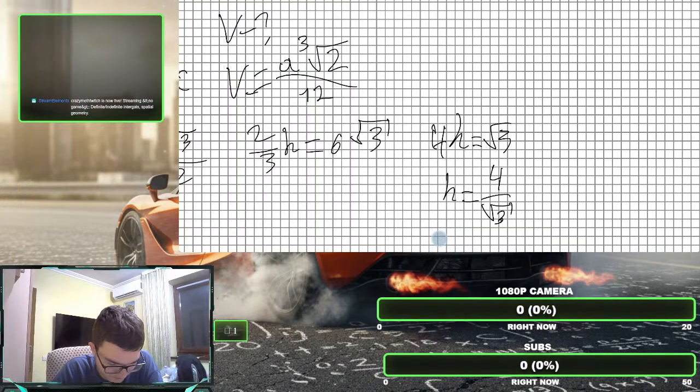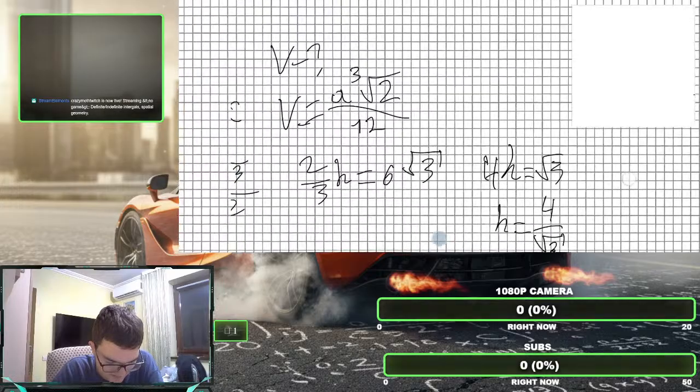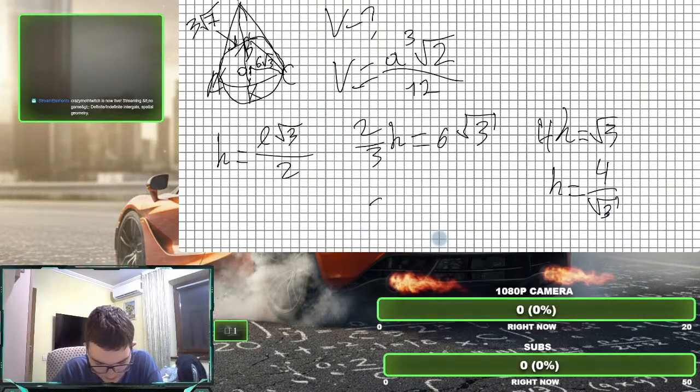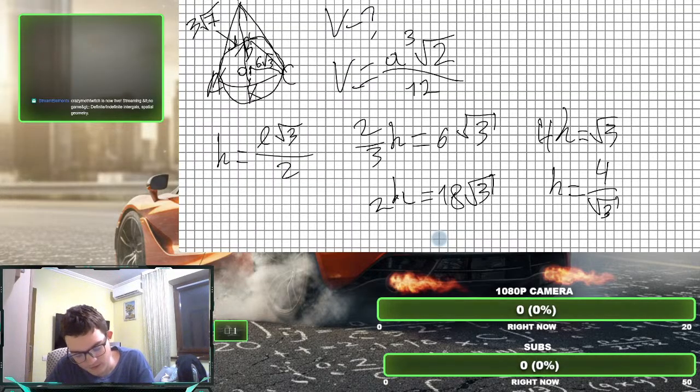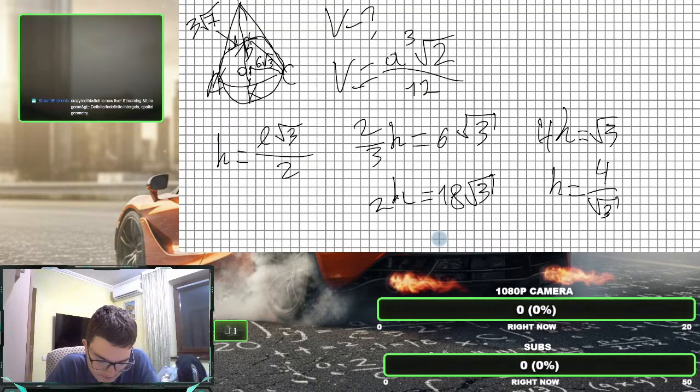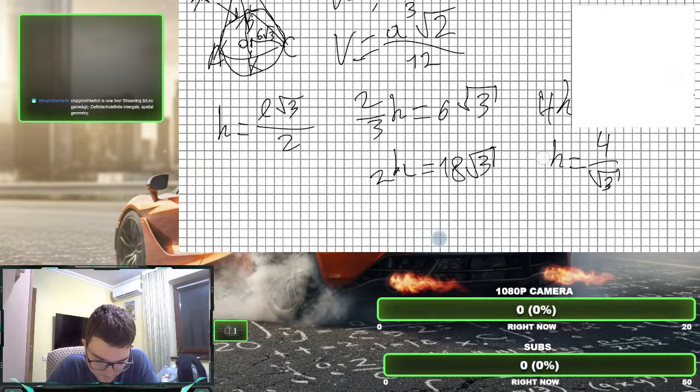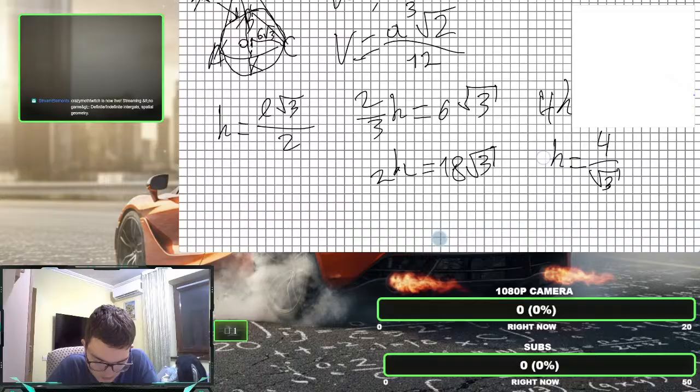No, because actually 2 height equals with 18 square root of 3. How does this make any sense? How? Basically the 3 has been taken out and put there. Okay.